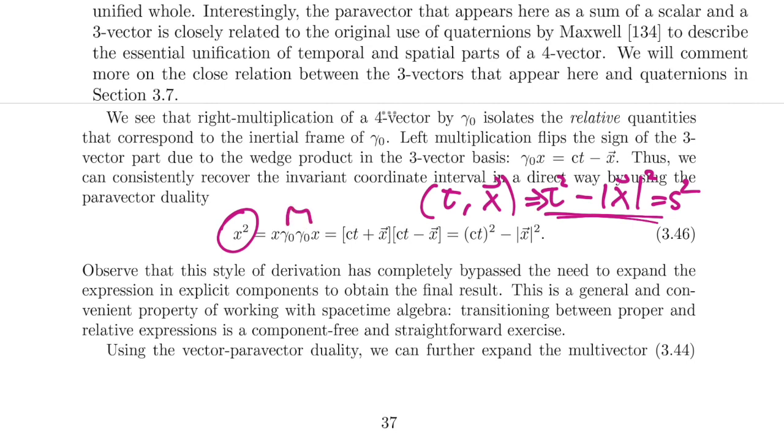Well, they throw in this pair of gammas, they find the space-time split of the one on the left, and they find the sort of anti-space-time split of the one on the right, which gives us this expression and this expression, which clearly multiplies out to the scalar ct squared minus x squared. And then they say, oh, well, look at that. That's a legendary formula. So that's pretty easy, and that is kind of convenient.